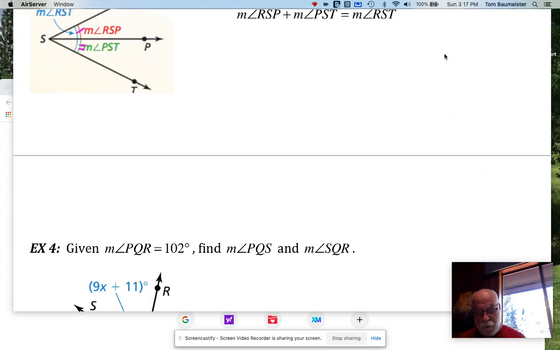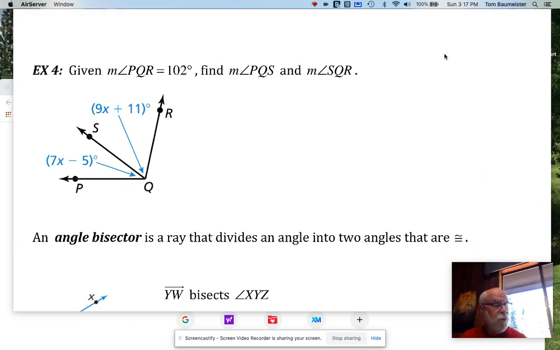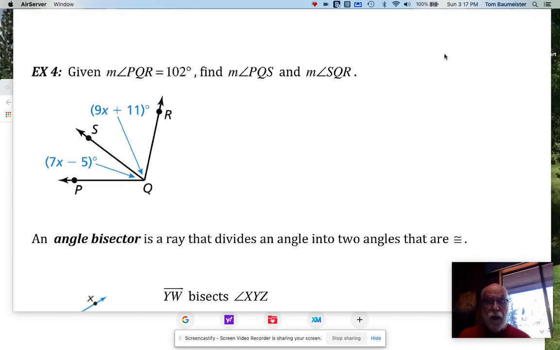Let's look at some examples using this stuff. Example 4: given that the measure of, so this M in front always means measure, angle PQR is equal to 102 degrees, find the measure of angle PQS and the measure of angle SQR.